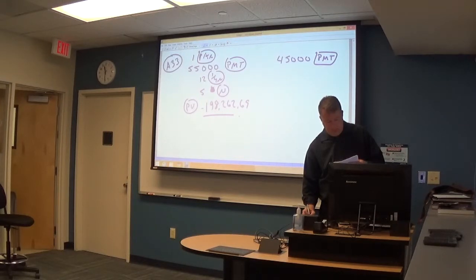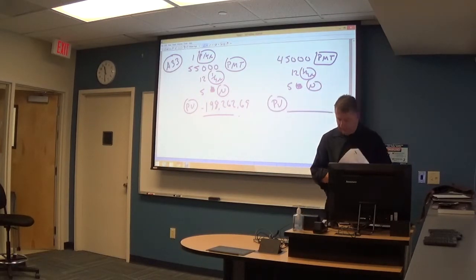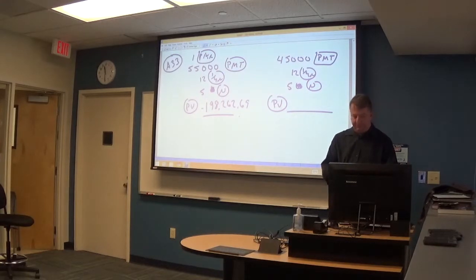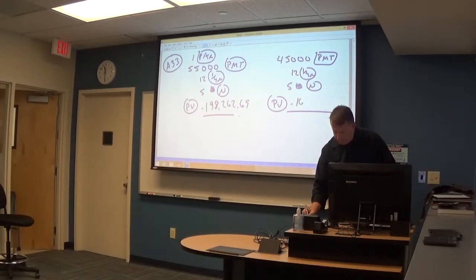Can you just solve it for PV at this point without adding extra stuff back in? 12%, 5 years, and then you solve for present value. Okay, and you get $162,214.93.